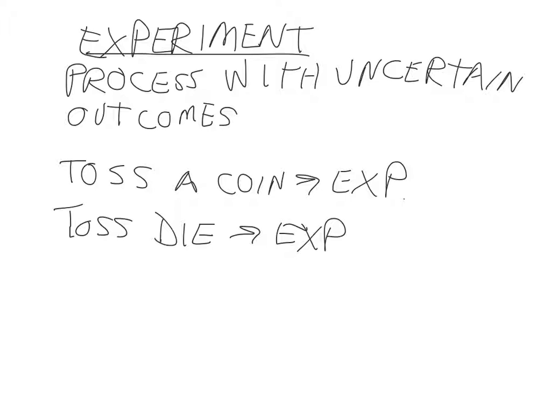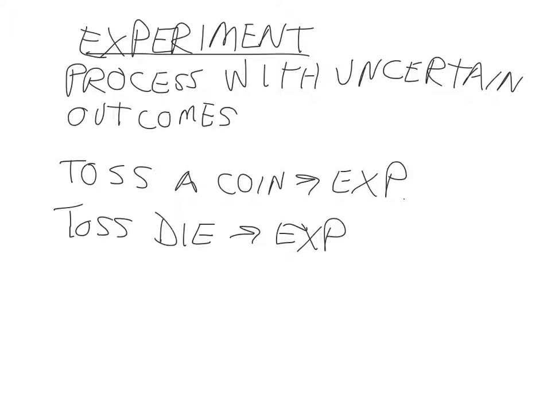In the case of the coin, you don't know what side is going to come up, heads or tails. And in our experiments, we're going to assume that we have fair items. In the case of the coin, we have two-sided coins, that is heads and tails. They have not been tampered with. They're not weighted or anything like that.